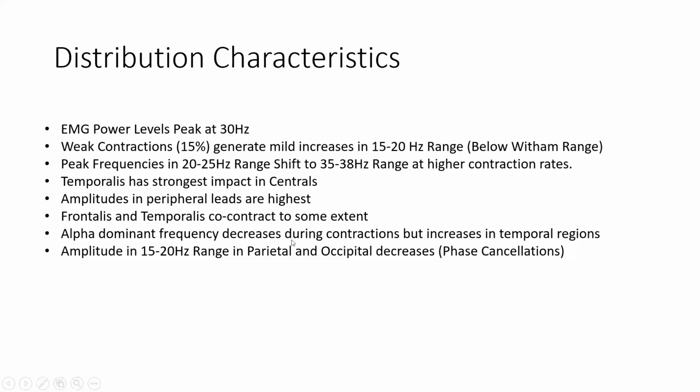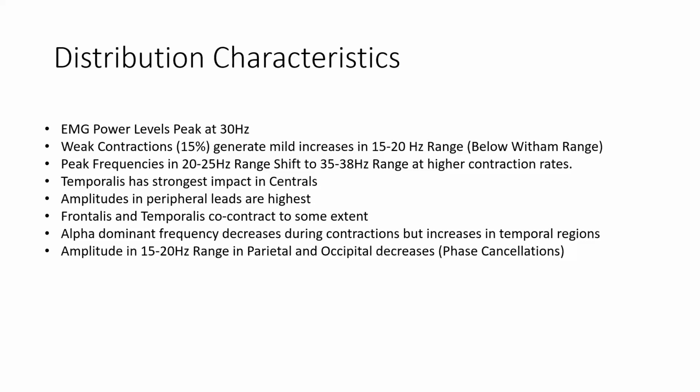Alpha dominant frequency decreases during contraction, but increases in the temporal regions. Amplitude in the 15 to 20 hertz range in the parietal occipital region decreases. So the alpha dominant frequency actually goes down to the degree that the temporalis muscles contract. That's an interesting phenomenon that could have some interesting ramifications for norms in brain maps and databases.